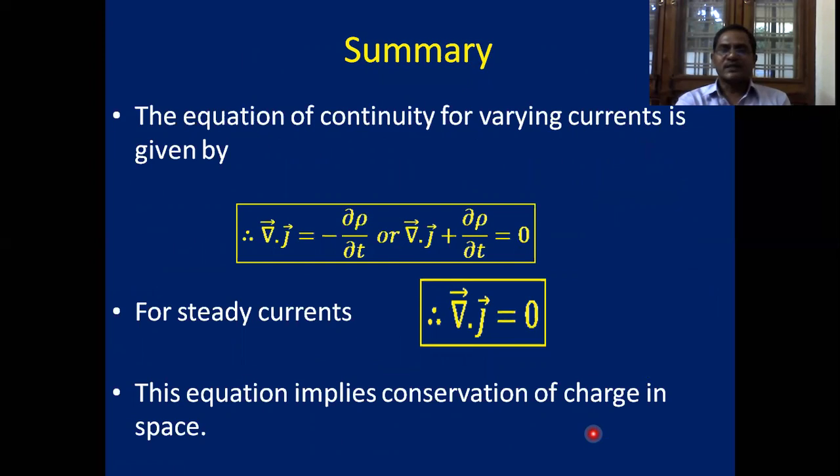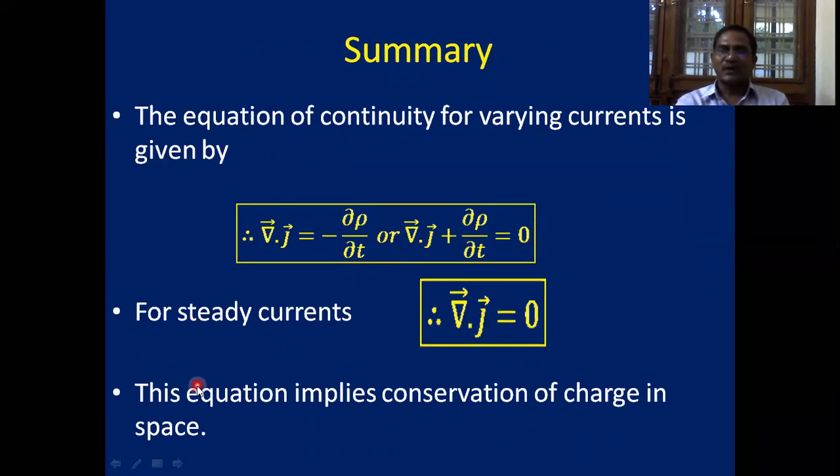After that, we discussed the equation of continuity. For varying currents, what is that? Del dot J equals minus ∂ρ/∂t, or del dot J plus ∂ρ/∂t equals 0. If you consider steady currents or static currents, since ∂ρ/∂t equals 0, then we get del dot J equals 0.